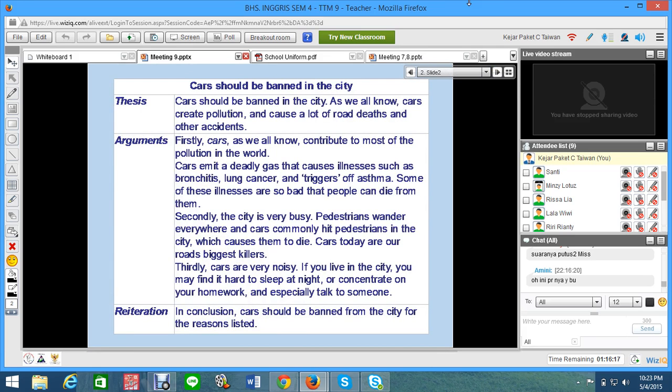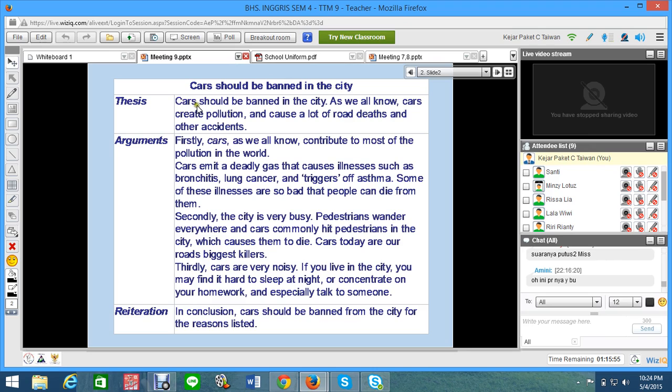Okay, so this is the example of analytical exposition text. Okay, cars should be banned in the city. Okay, ban artinya larangan, berarti should be banned, harus dilarang. Okay, cars should be banned in the city.